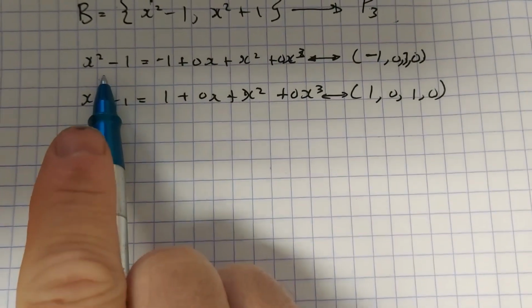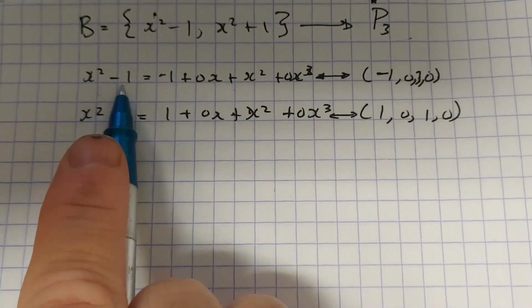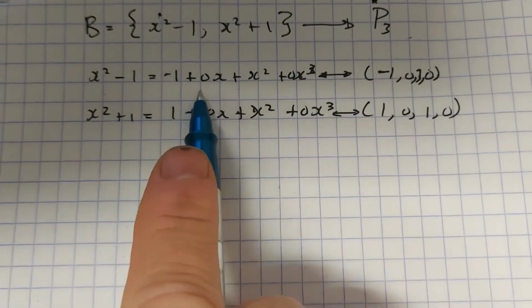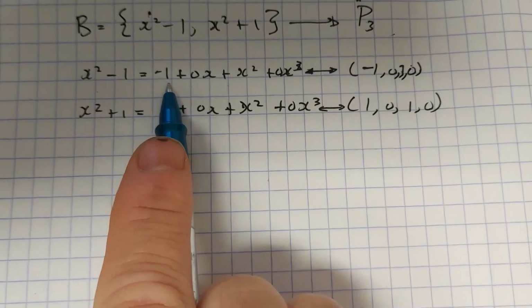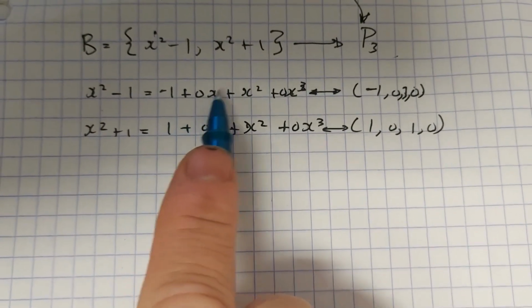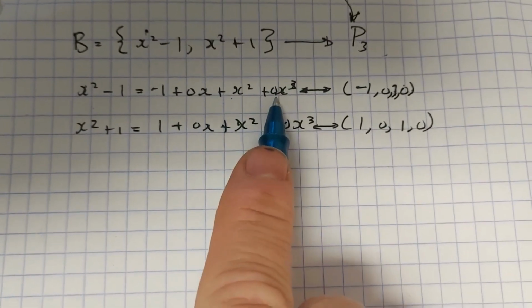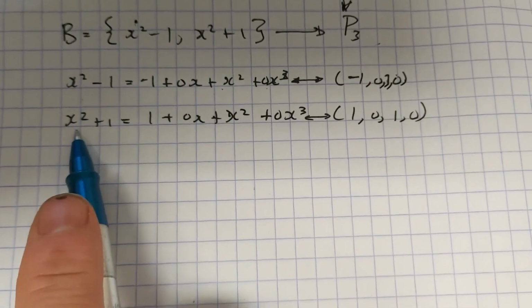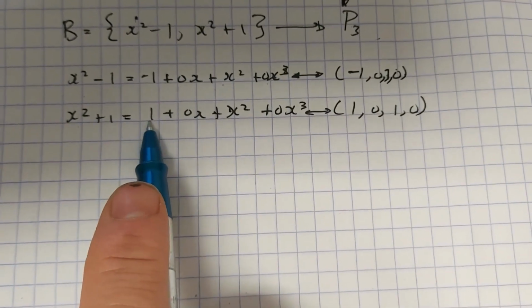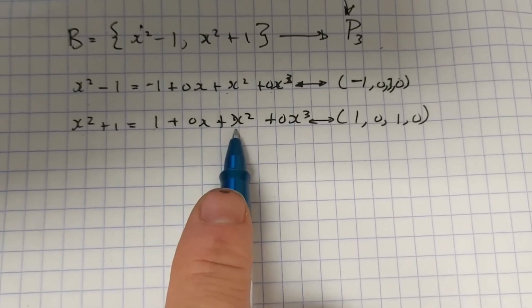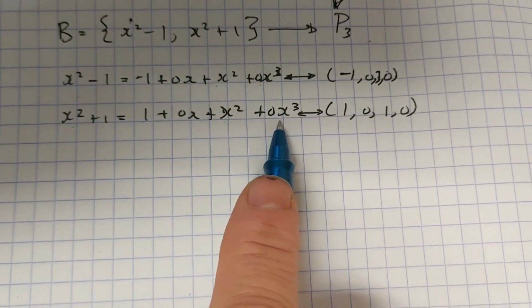Okay, so if we write our basis vectors, x squared minus 1 and x squared plus 1, in terms of the standard basis, we would have negative 1, 0x, 1x squared, and 0x cubed for the first one, and x squared plus 1 equals 1 plus 0x plus x squared plus 0x cubed for the second one.